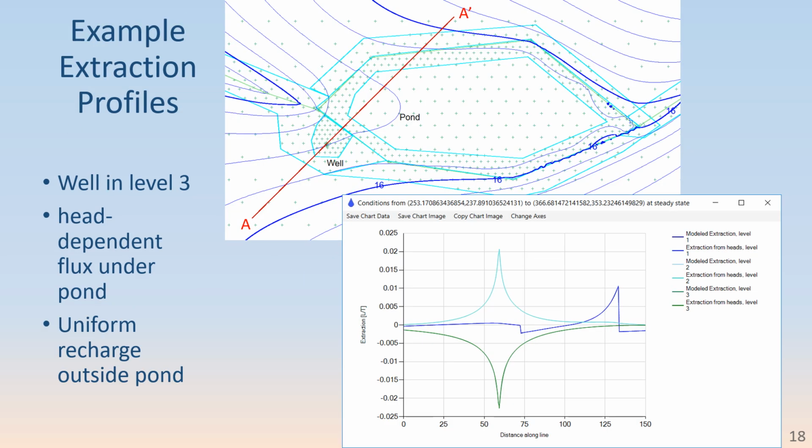Let's look at an example 3-level model in Anaqsim, and we've got a pond that I'm outlining here that has as a top condition head-dependent flux up out of the top layer of the model into the pond. We have a partially penetrating well near it that is screened down in level 3 at the bottom. We have recharge coming in everywhere around the outside of the pond, and we have a couple of river elements coming in and going out of the pond.